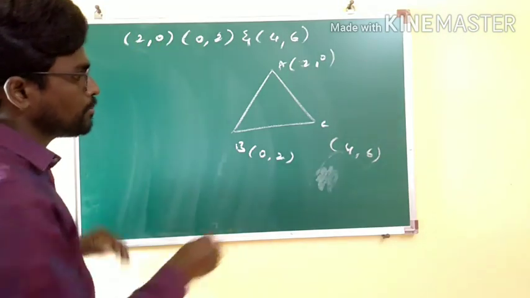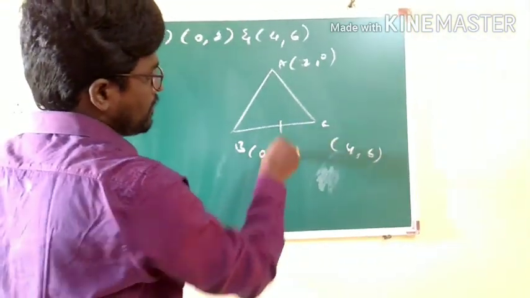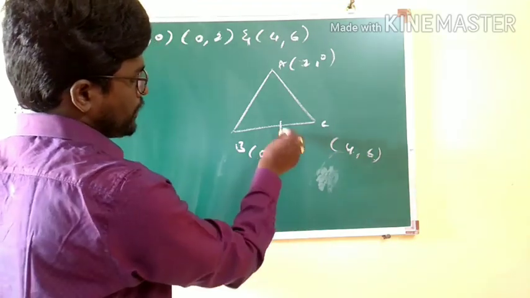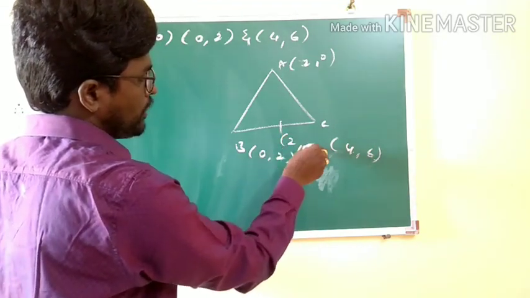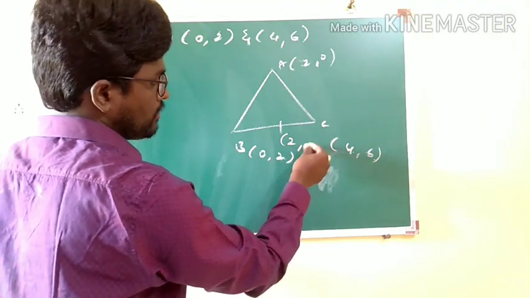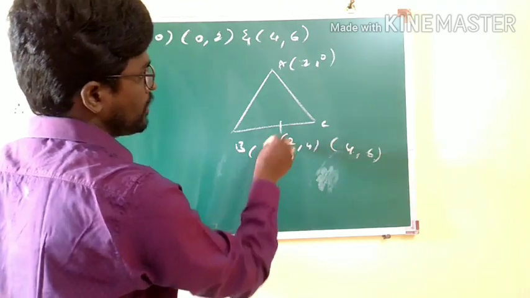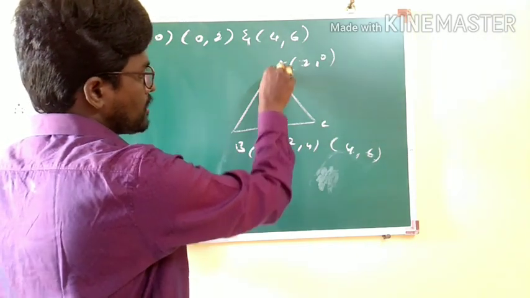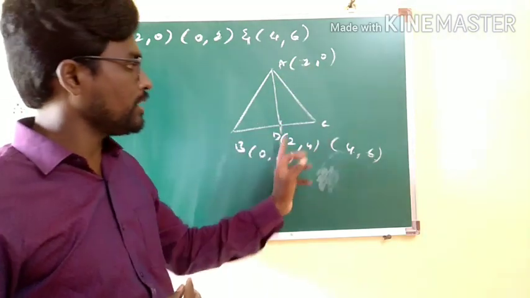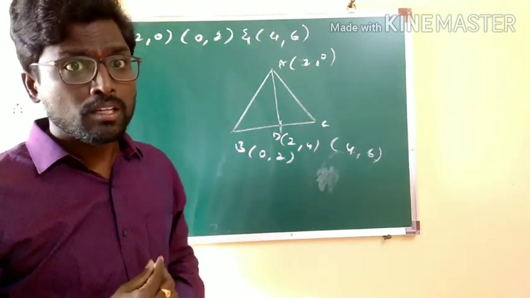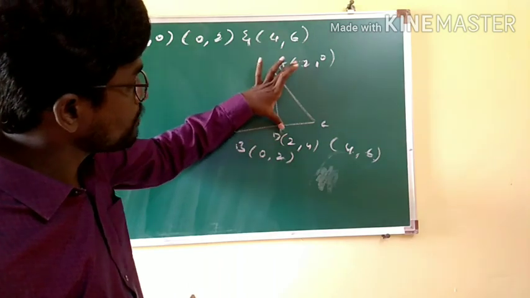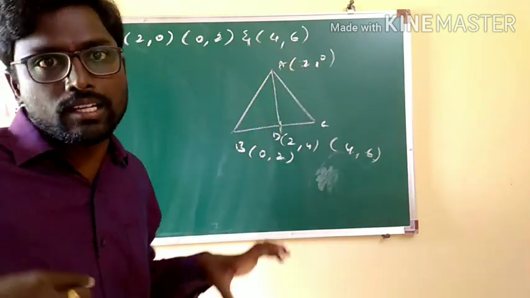So first, what will be the midpoint of B and C? Sum of the x coordinates by 2 and sum of the y coordinates by 2. What is sum of x coordinates by 2? 4 by 2, that is 2. And here we will be getting 6 plus 2 by 2, that is 8 by 2, that is 4. Means you will be tracing out the equation of AD with the help of 2, 0 and 2, 4. Here what do you notice? 2, 0 and 2, 4 means both x coordinates are equal here.